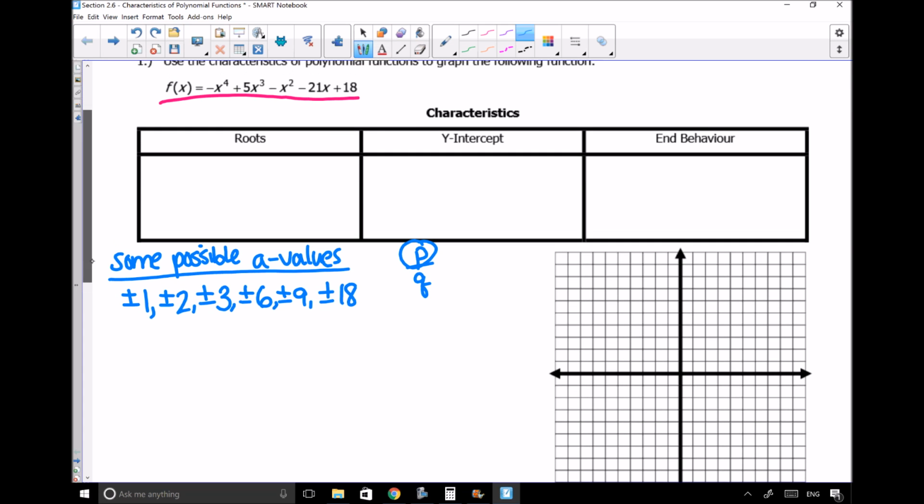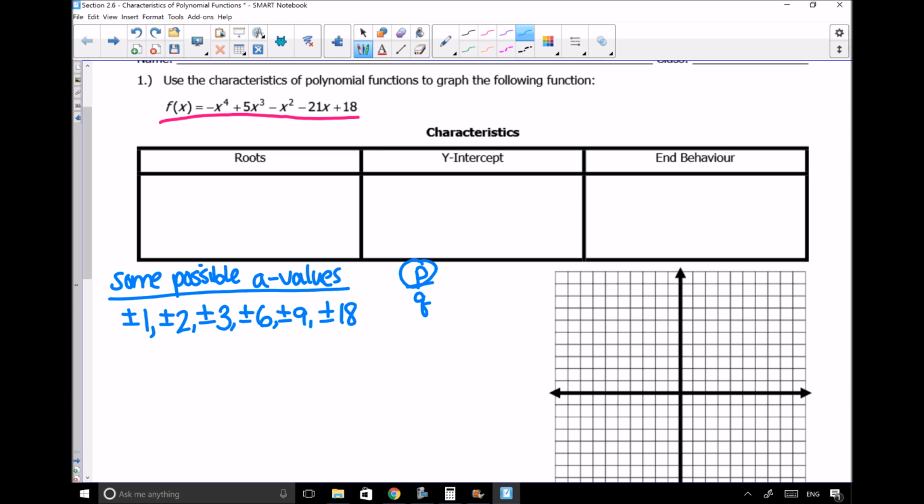And I'm going to go ahead and just start plugging and chugging and figuring out some of these values. So the first thing I'm going to do is figure out what f of -1 is. F of -1, when I plug it in, will be -1 to the power of 4, plus 5 times -1 cubed, minus -1 squared, minus 21 times -1, plus 18.